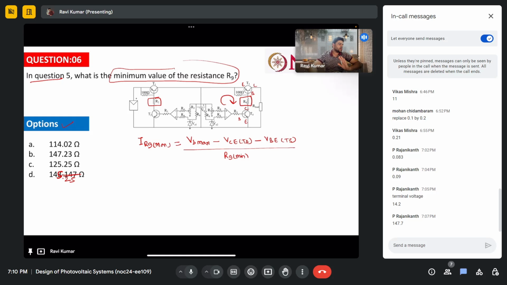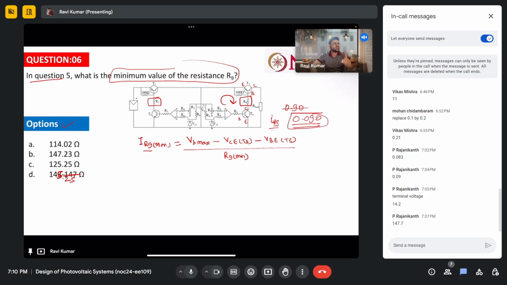See, all the components are the same, so you will get the same current for the R9. That current will be using like 0.90, I guess. This was the current we got. Because all the component values and everything is the same, we are not solving it from the starting, so we will get this current as IR9.